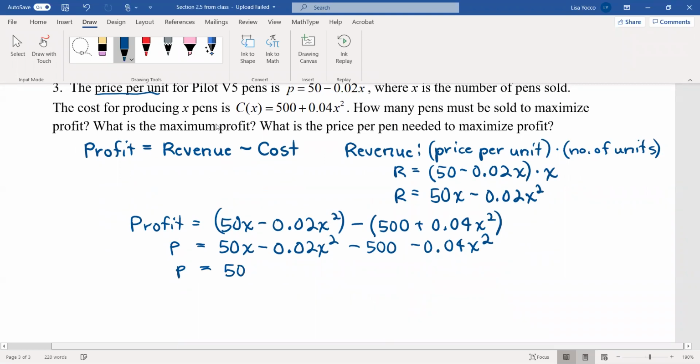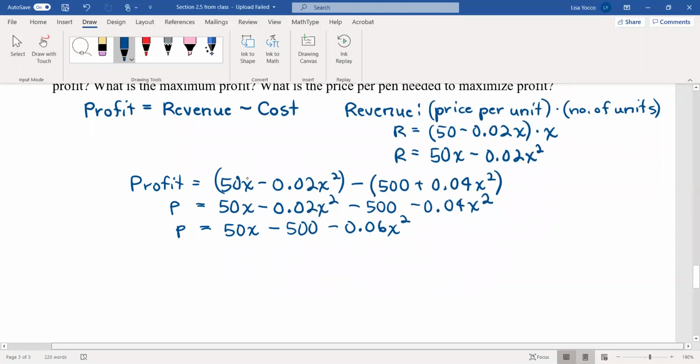So 50x minus 500, and then negative 0.02 and negative 0.04 is negative 0.06x squared. And that's my profit function.